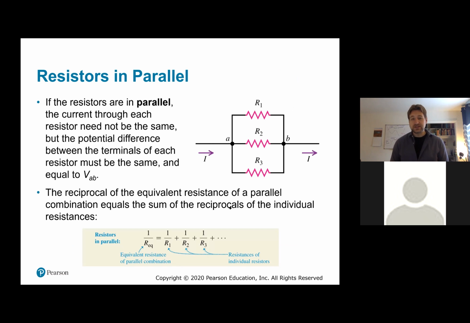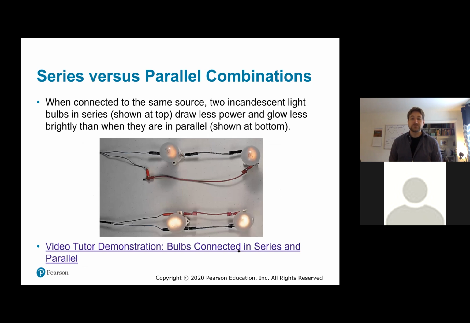Actually, it means that the equivalent resistance is less than the resistance of any one of the resistors, which means the overall current in the circuit would be greater. And that's why the bottom bulbs are brighter than the top ones. Does that make sense?